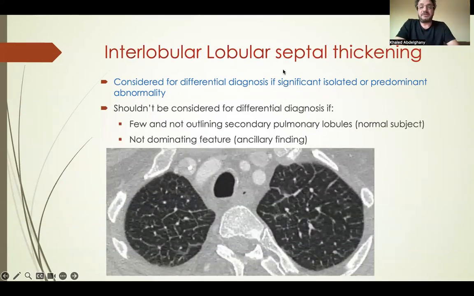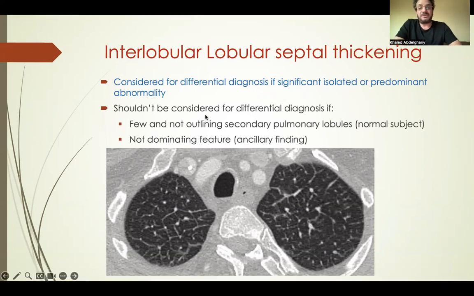Interlobular septal thickening is considered pathological under certain conditions. They should be significant in amount if isolated, or should be the predominant abnormality in HRCT.